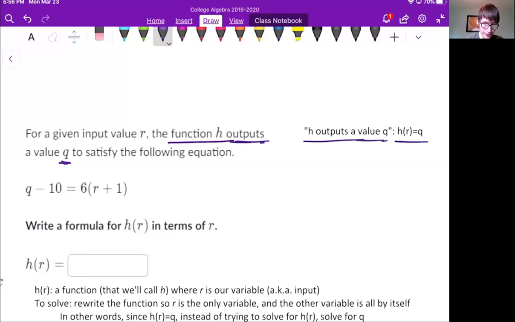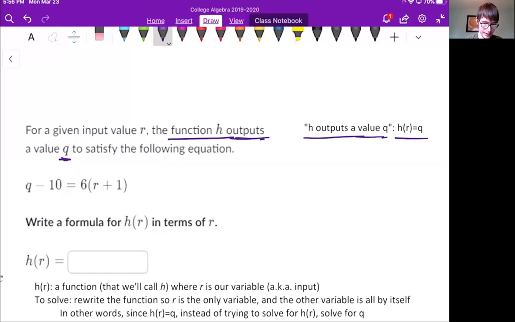Okay, so when it says write a formula for h of r in terms of r, here's what it's asking us to do. We want to write something where h of r equals something. But we know that h itself, this function, is q. It equals q.